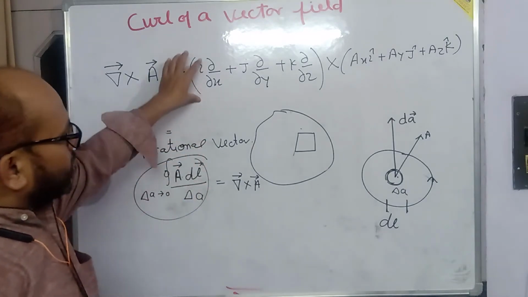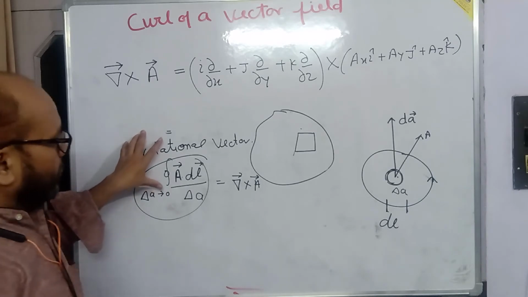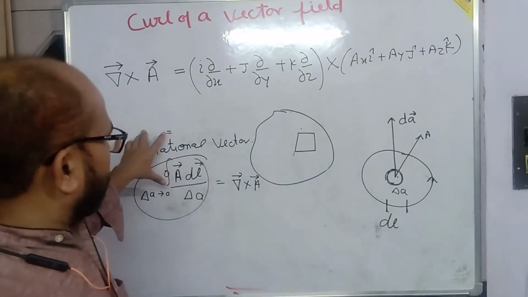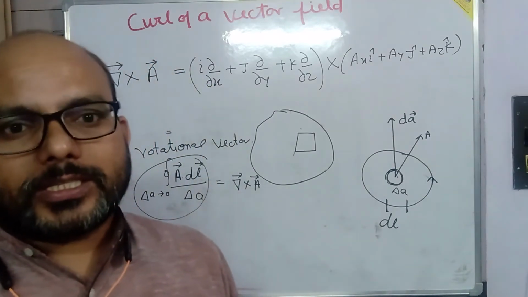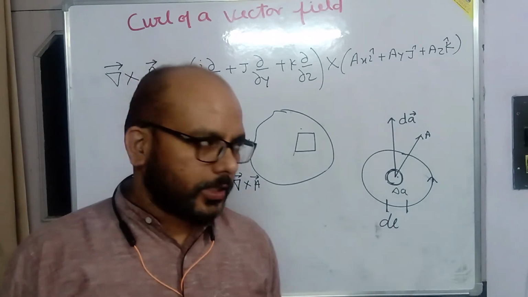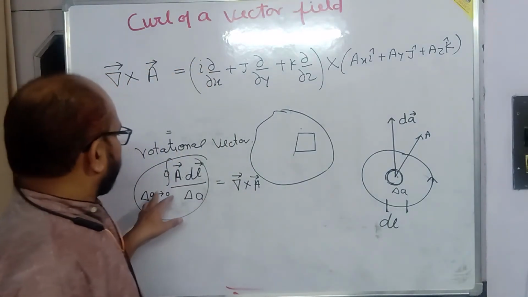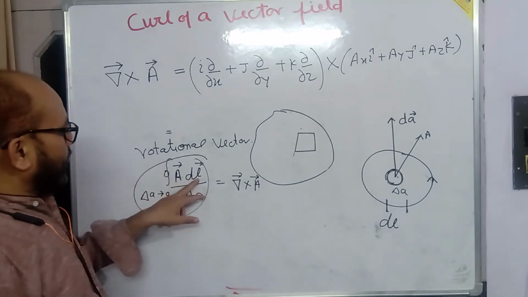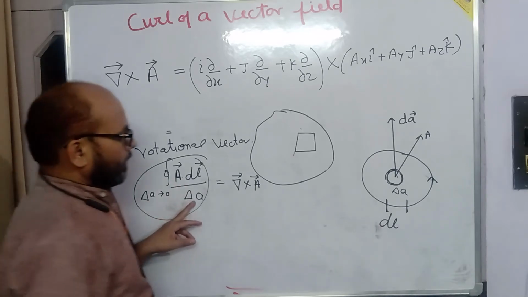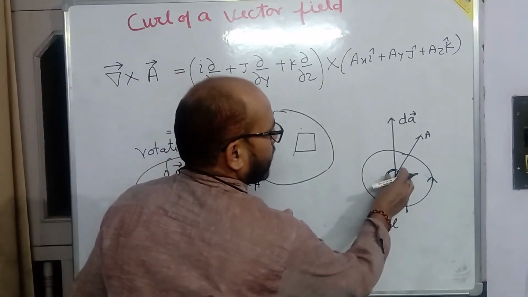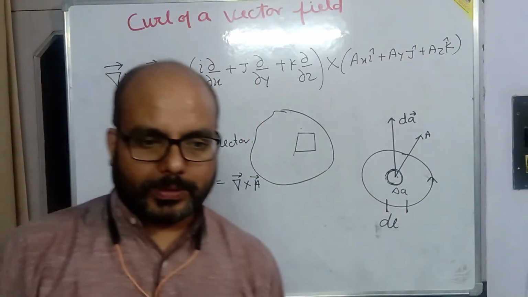From this definition we construct the determinant form, as in the Gauss divergence theorem. In the next lecture we will discuss Maxwell's laws in electrostatics and magnetostatics. So del cross A equals the integral of A dl, the line element, over the area, where delta A is the small area of the segment. This is known as the curl of the vector field.